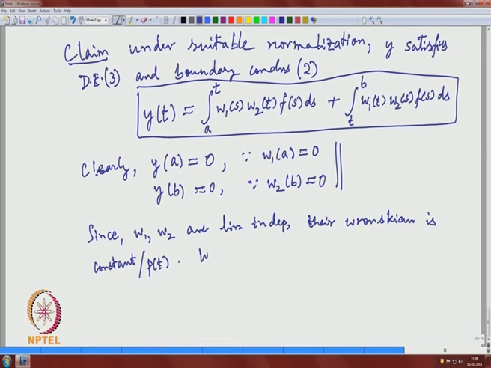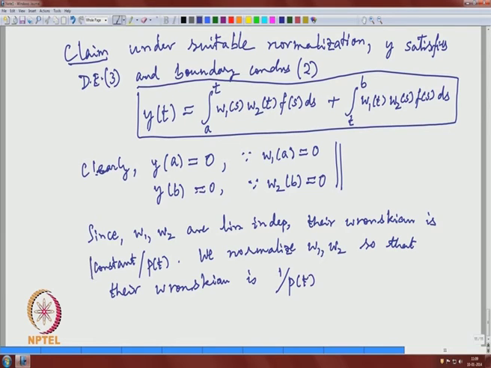Normalizing means we multiply w 1 and w 2 by constants so that their Wronskian is 1 by p t.